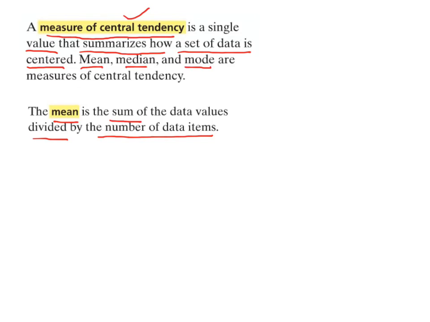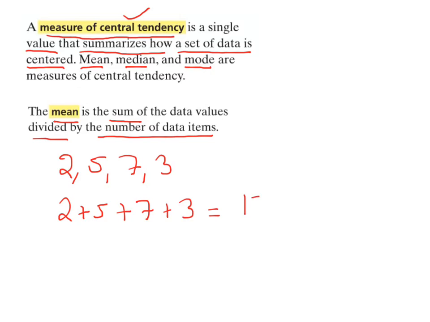For example, if you have data values 2, 5, 7, 3, the mean is the sum of the data values. You add all of the data values, and that's going to be 17. Divided by the number of data items.